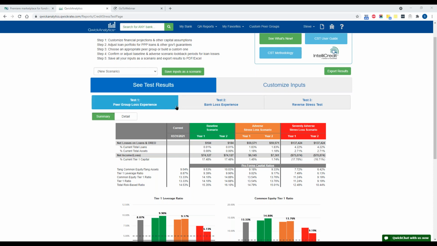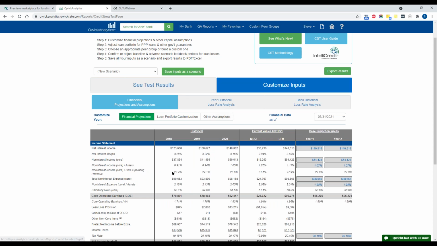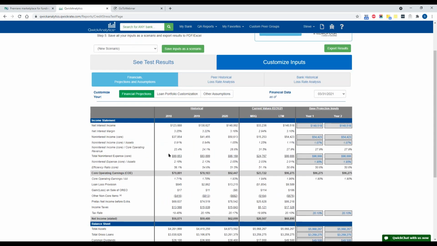But before we walk through the outputs of these tests, let's go ahead and talk about the inputs for a few minutes. There's a couple different sections of inputs. The first section is financial projections. Everything that's directly credit related, like loan loss provisions and gain or loss on sale of OREO, those items we are going to reproject as part of the modeling.